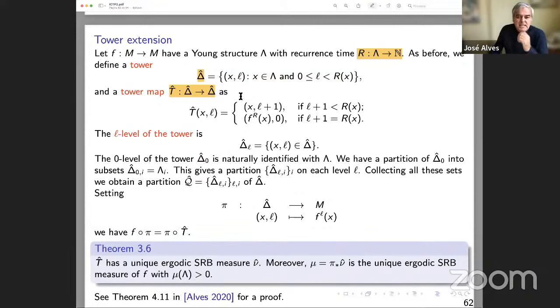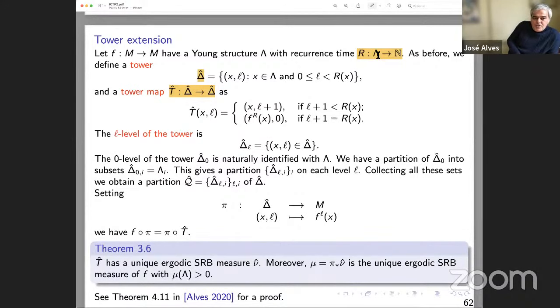So see that through the points in lambda, there are stable and unstable disks. And so there are points in lambda belonging to the stable or unstable disk of another point in lambda. In particular, there are points in lambda belonging to a stable disk of another point in lambda. And we'll make a quotient through stable disks.